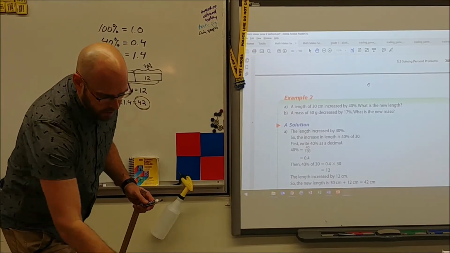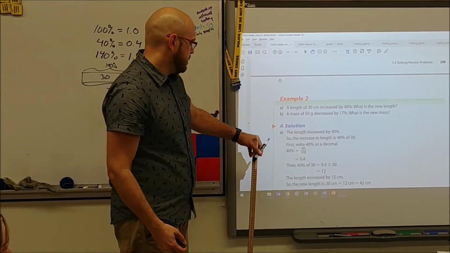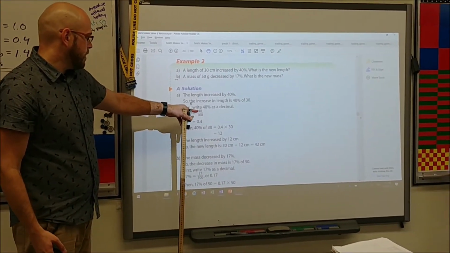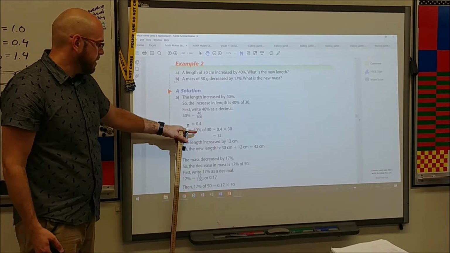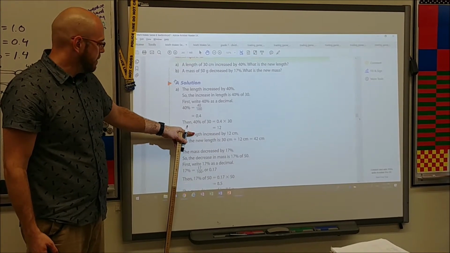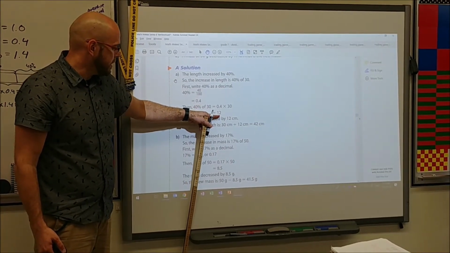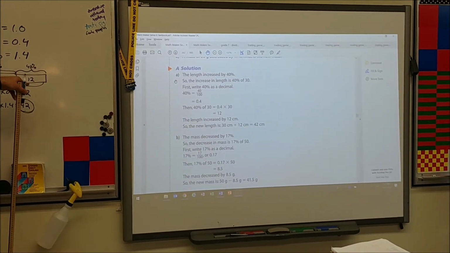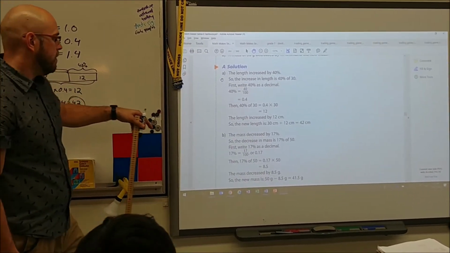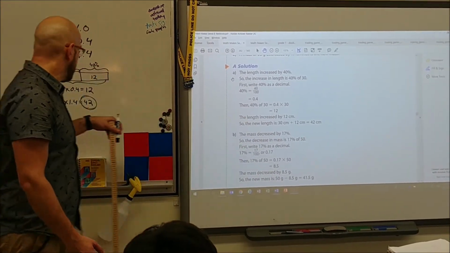Let's see if we got it right, because I just did all that in my head. So we had 40% as a decimal is 0.4. They did it the first way like we did. We said 30 times 40% is 12, and then we added it on. Or we could have just done it in one step and gone 1.4.